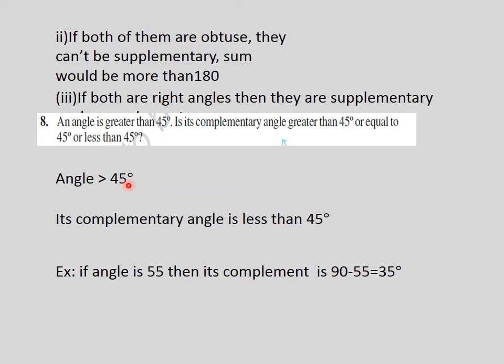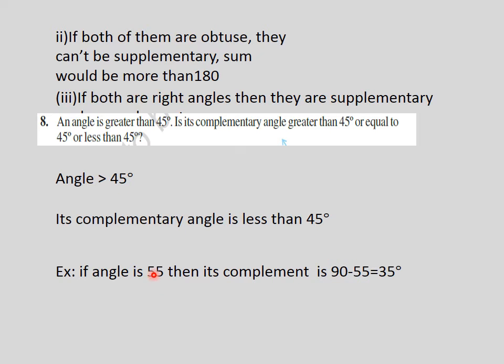You take any angle which is greater than 45 degrees. It will be less than 45 degrees, because this angle is more than 45 degrees. So the other angle should be less than 45 degrees to get the sum equal to 90 degrees.